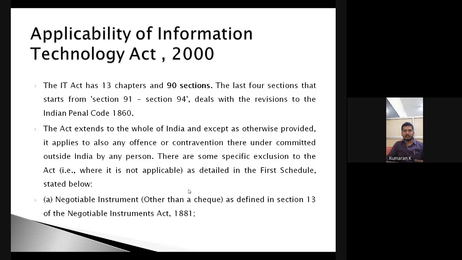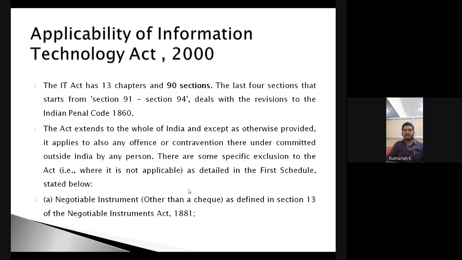Negotiable instruments are nothing but documents which give some financial returns. It may be any properties or agreements, under the Negotiable Instruments Act 1881. So this Information Technology Act can be applicable to negotiable instruments also.